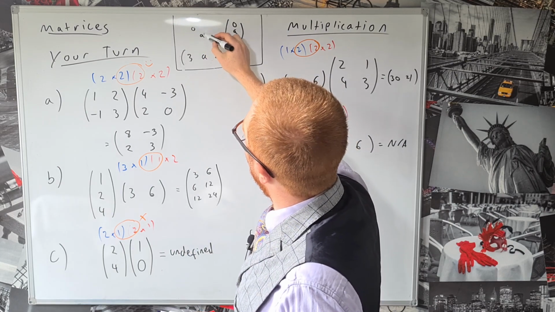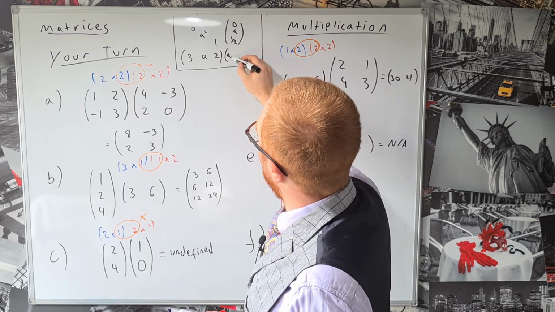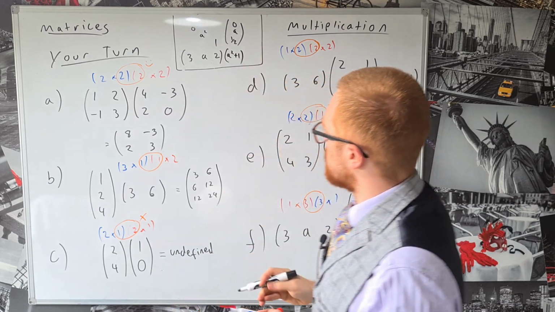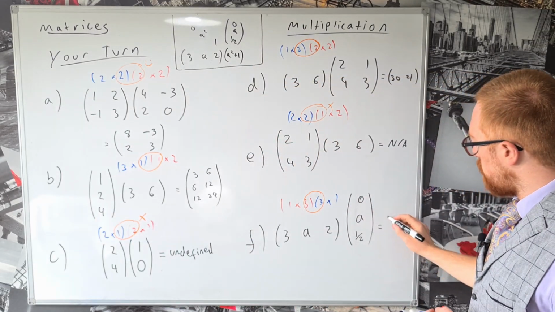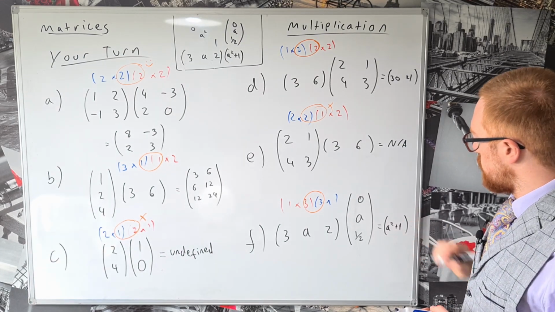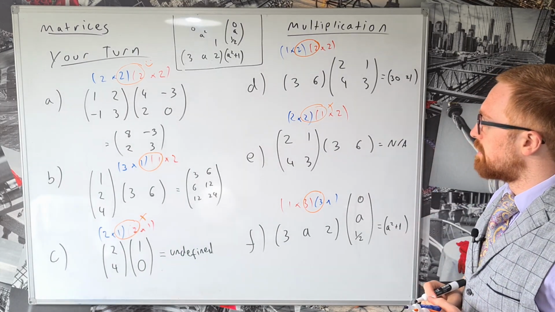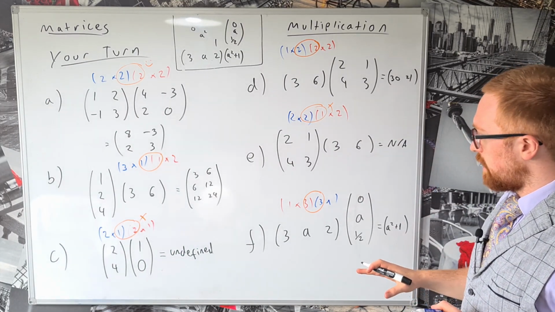If we add those things together, then our answer is just A squared plus 1. So we're going to get a little 1 by 1 matrix, and the only entry in that matrix is A squared plus 1.